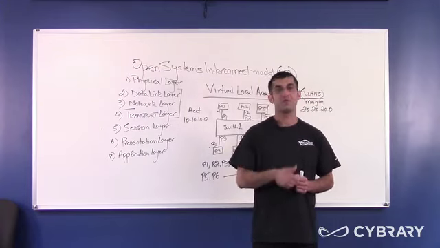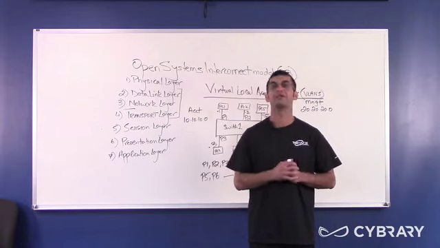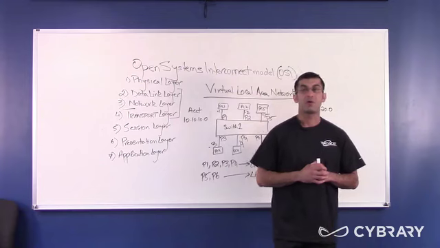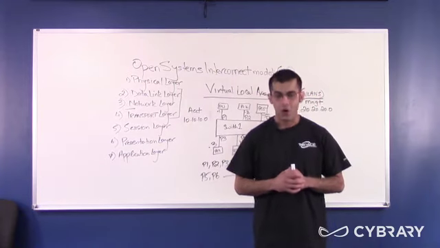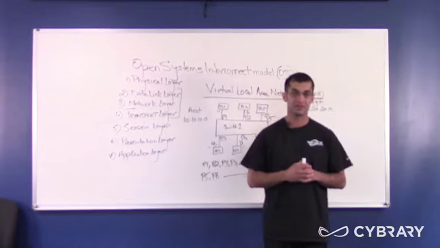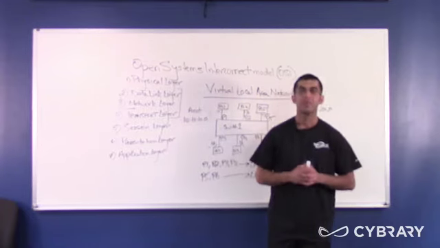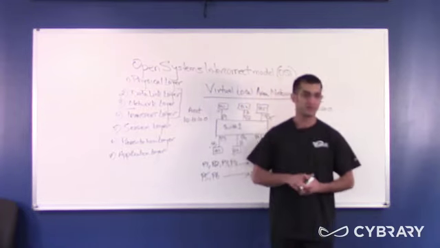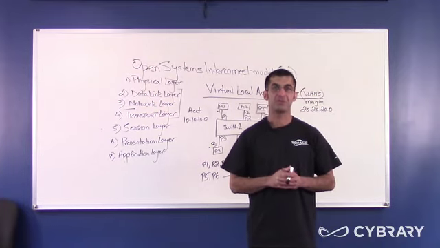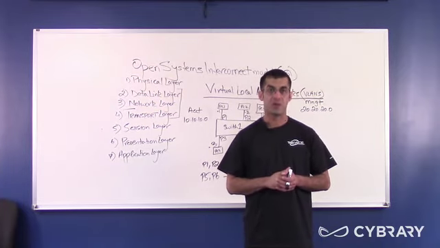Okay, so VLAN 1 and 1002 through 1005 are default VLANs, and they cannot be deleted. Now, by default, all ports on a switch belong to VLAN 1. Once again, and I'll be showing you that in a few minutes, by default, all ports on a switch belong to VLAN 1.